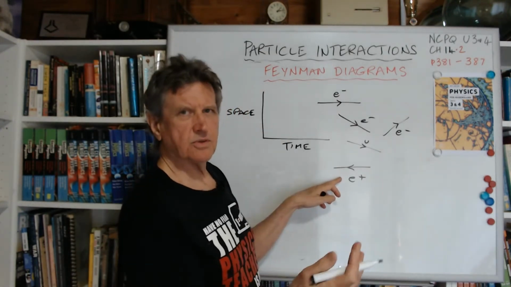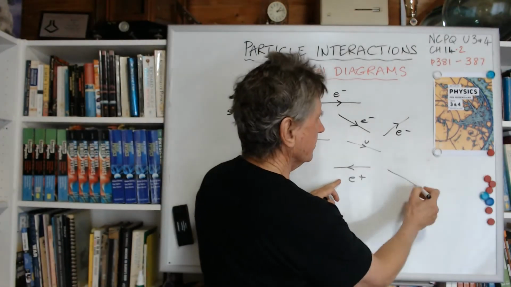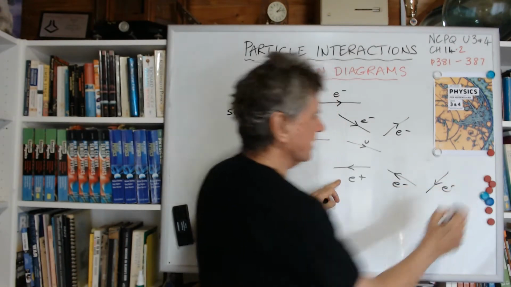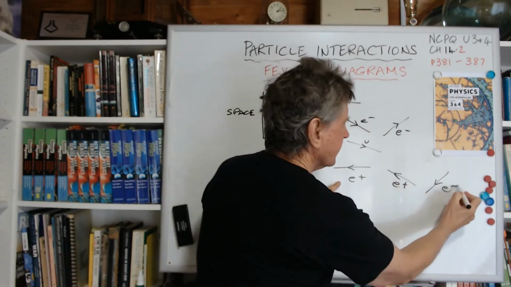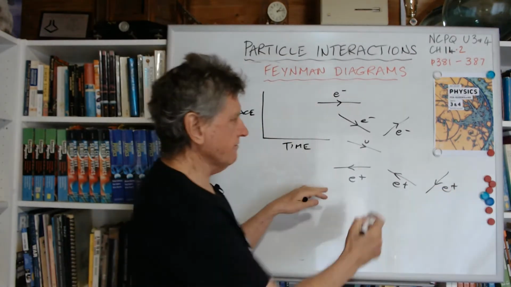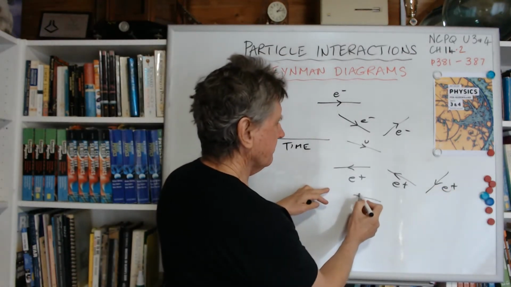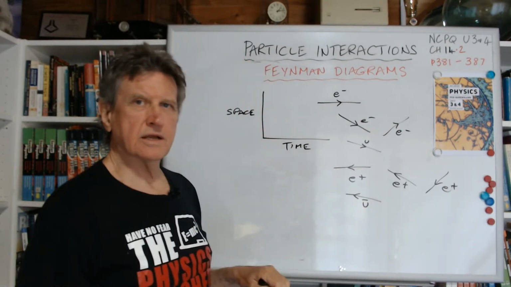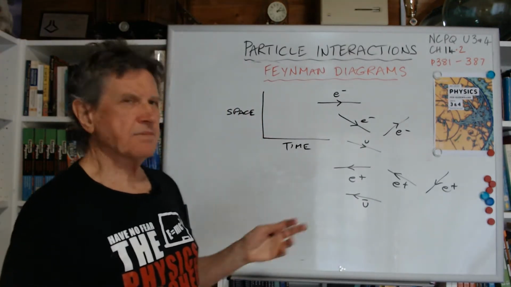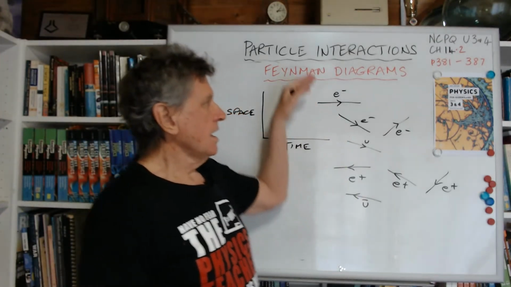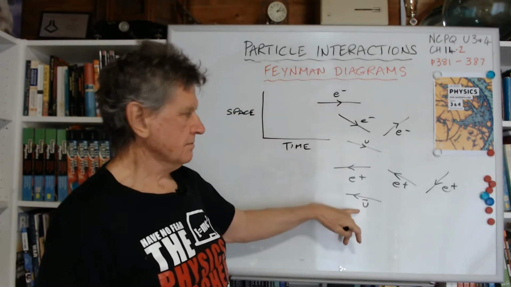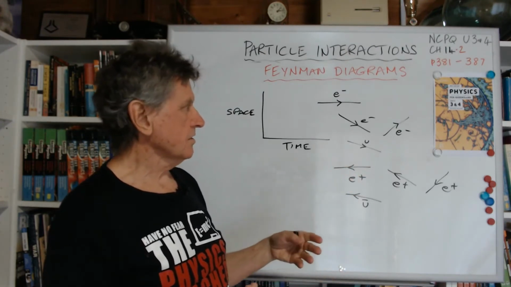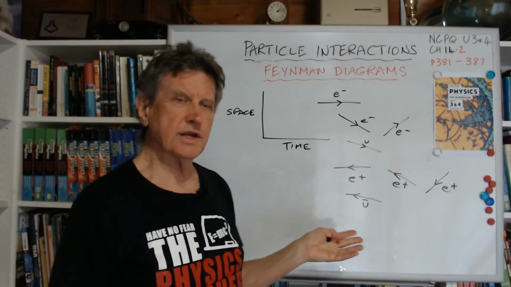So an anti-electron, in other words a positron, could be like that, or it could be like that, or like that. It doesn't matter. E plus. Okay, and if you had an anti-up, for instance, it could be like that. Okay, so the main particles we deal with will be electrons, quarks, and some of the neutrinos, like say the electron neutrino or something like that.